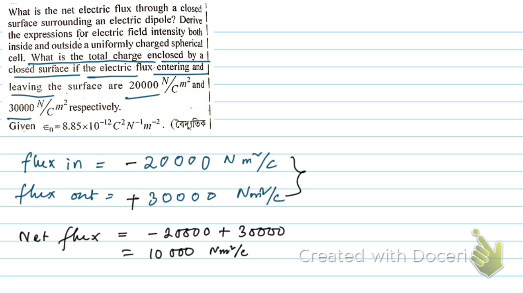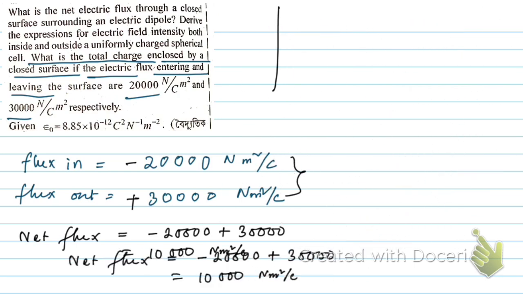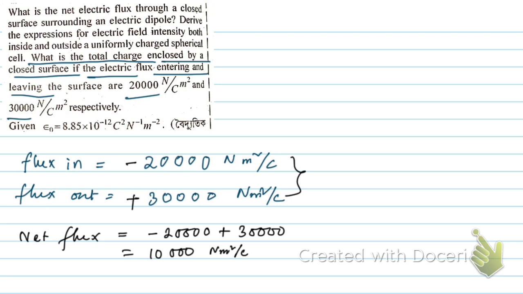By Gauss law, this net flux through a closed surface is 1 by epsilon naught times the charge enclosed by the closed surface, right?